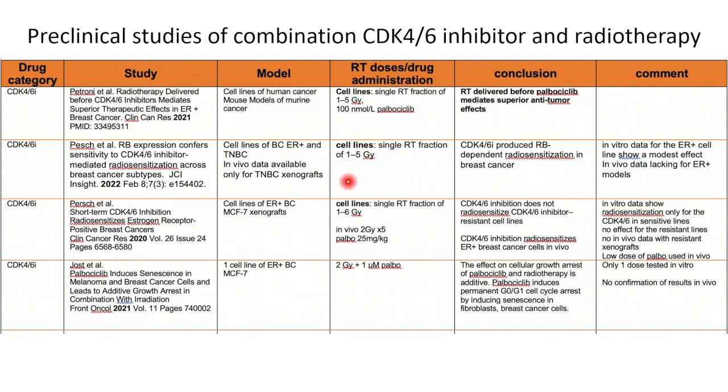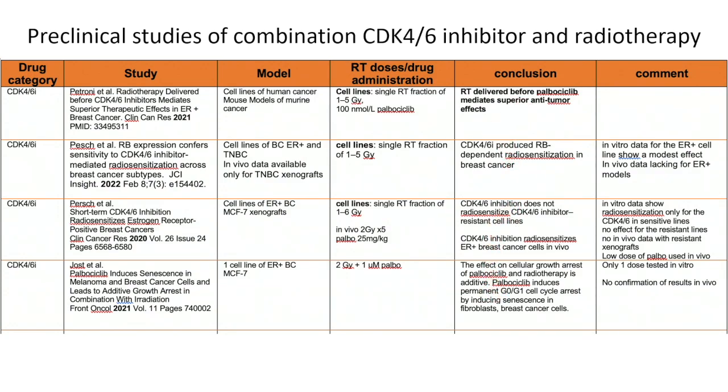They gave various fractions of irradiation in combination with the CDK4/6 inhibitor. And our conclusions are here, and some of them lacked use of the models in vivo. They were just simply cell line studies, mainly in 2D.